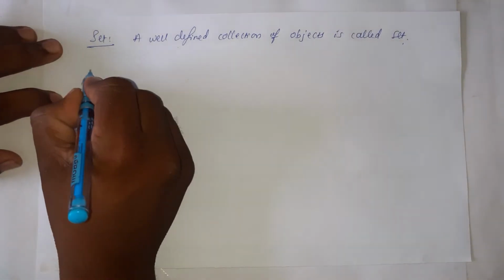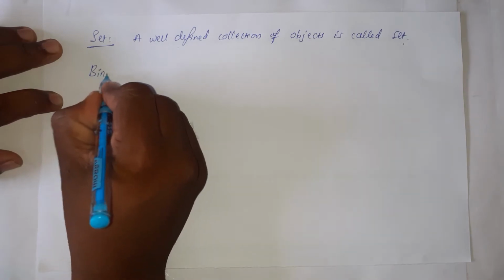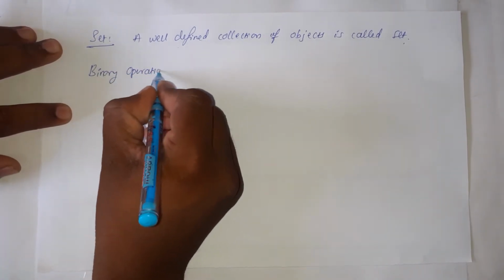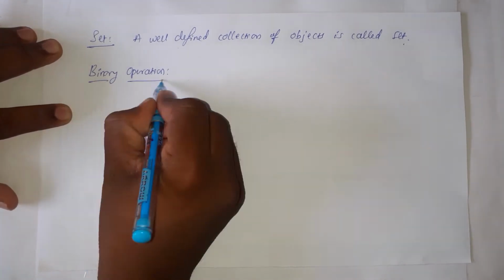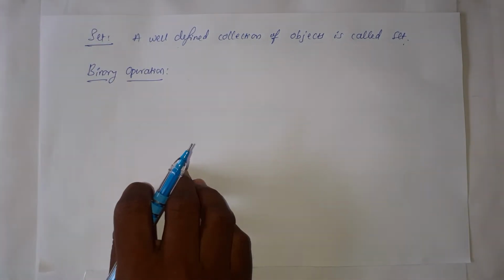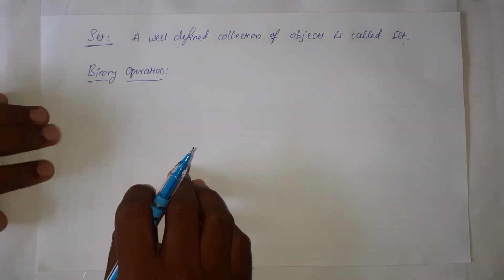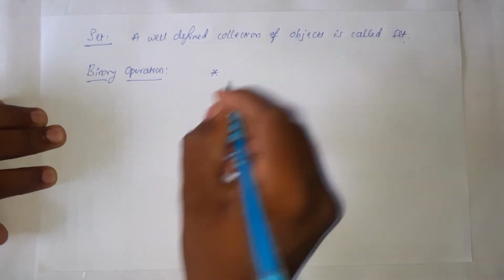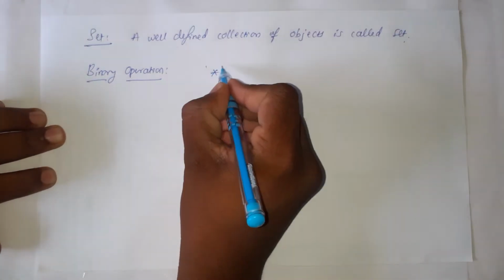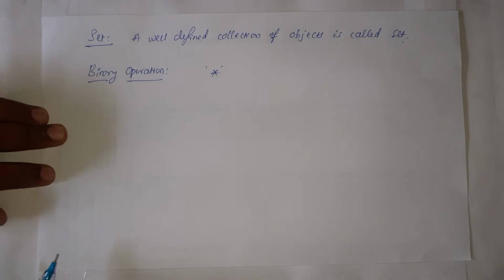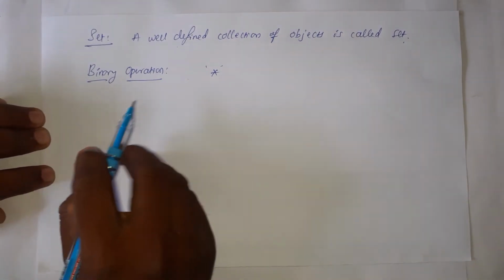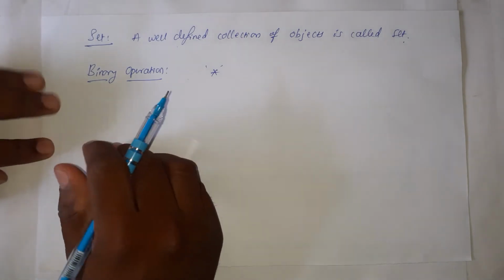Then binary operation. In general we denote the binary operation as star. This star is the standard notation to denote binary operation. Now let us discuss the definition.